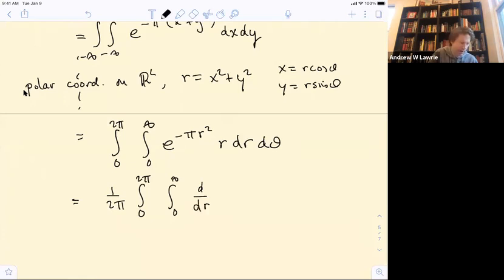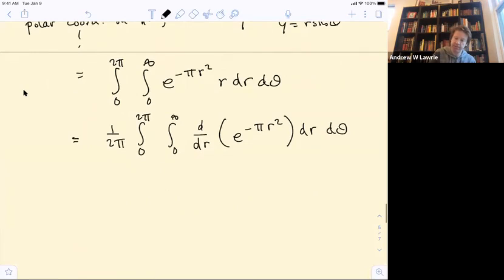This is d by dr of e to the minus pi r squared, dr d theta. Right, because I differentiate pi r squared, I get 2 pi r, times this thing, divided by 1 over 2.